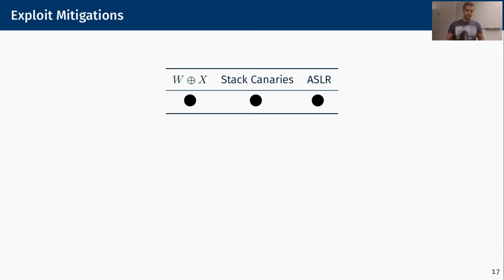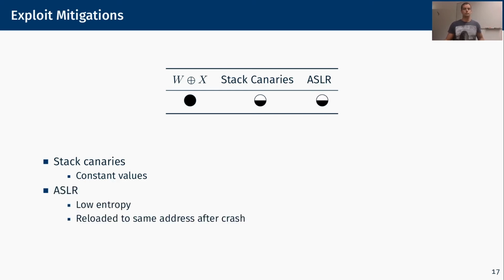So we looked at write xor execute, stack canaries, and ASLR. We found that all of them are there, but stack canaries use a constant value, and once this value is known to the attacker, they're obviously ineffective. And we also looked at ASLR, which has a low entropy of just 1 byte, so 256 different addresses that the binary is mapped to, and also a severe flaw.